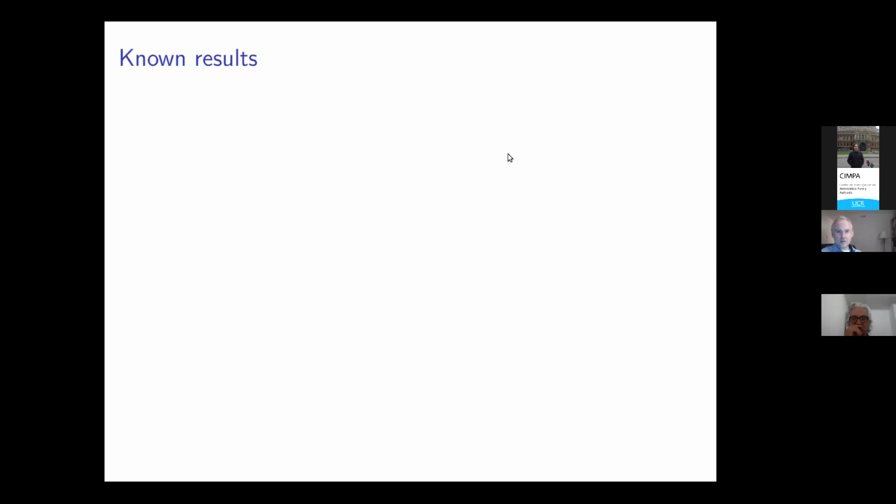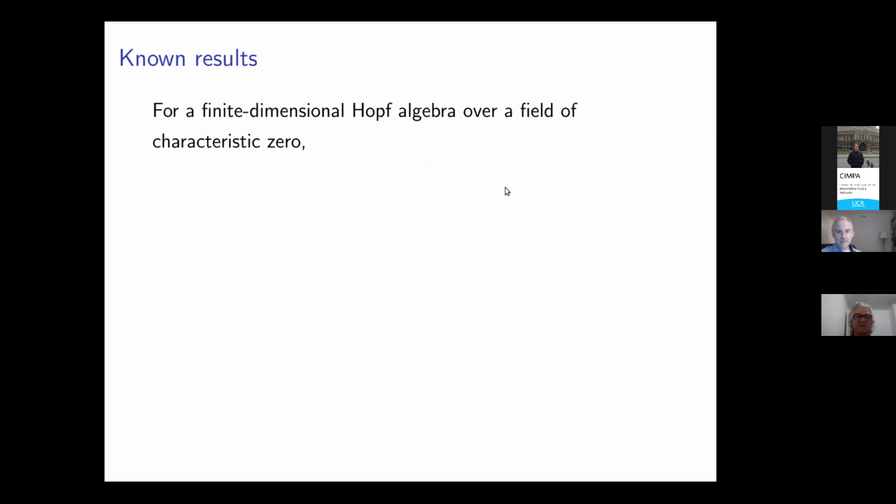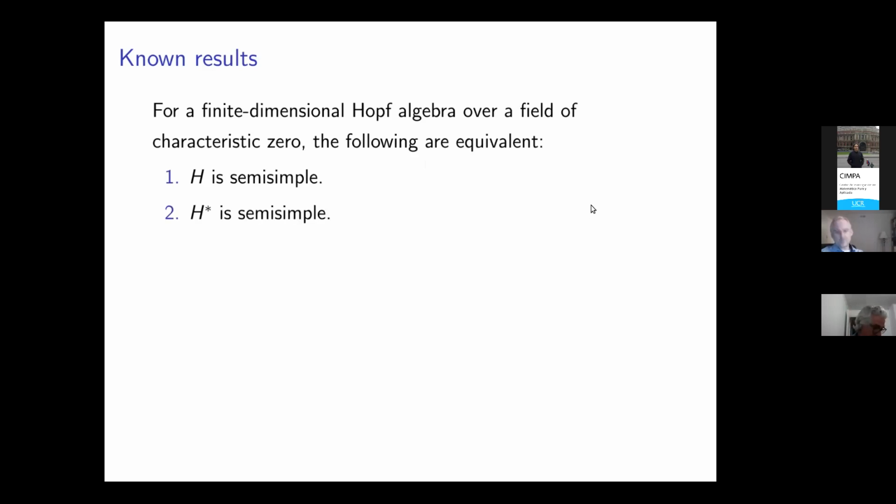Let's talk about some known results for semi-simple Hopf algebras. For a finite dimensional Hopf algebra over a field of characteristic 0, the following conditions are equivalent. First, H is semi-simple. Second, the dual Hopf algebra, the dual space in which the coproduct induces the product and the product induces the coproduct, is semi-simple. And third, the square of the antipode is the identity.